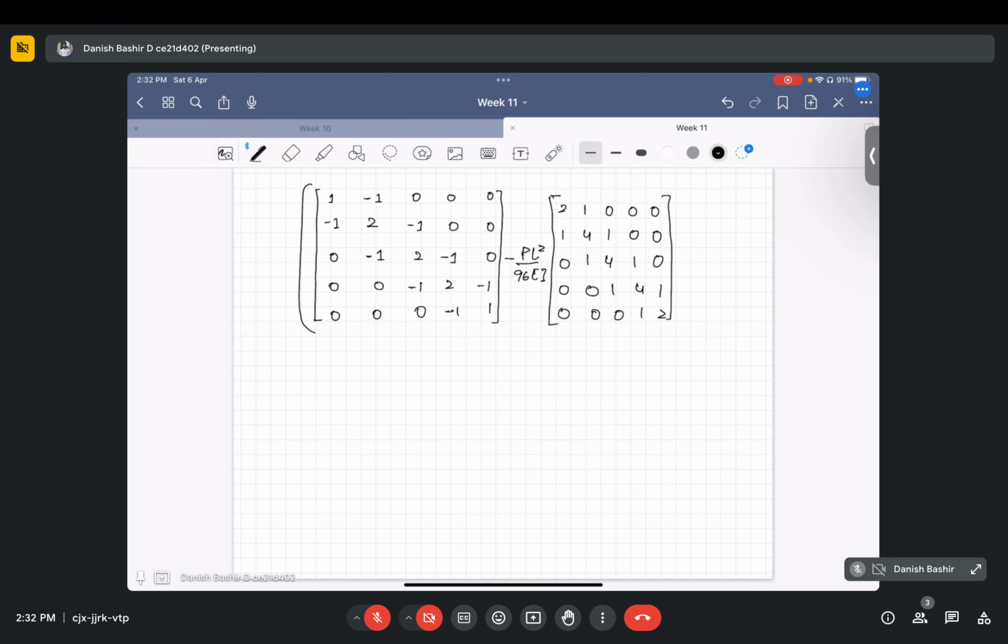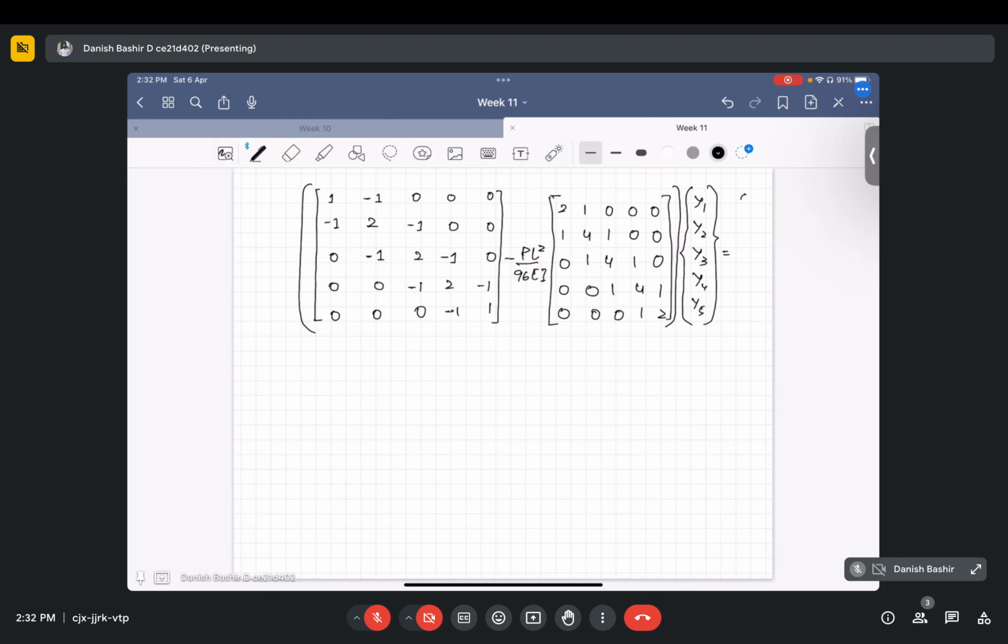This closes the bracket, and this is y1, y2, y3, y4, and y5, because we have four elements, so there will be five nodal unknowns.